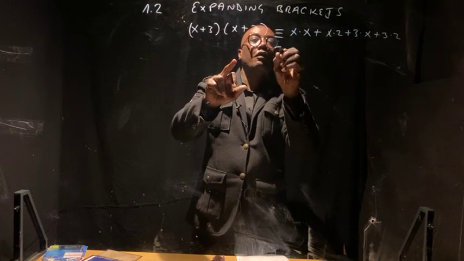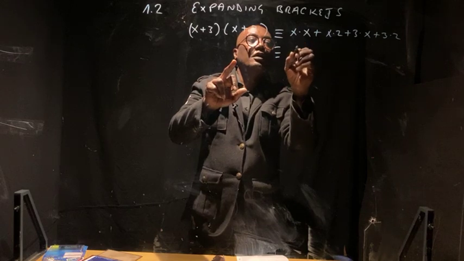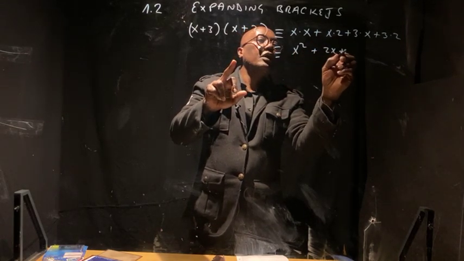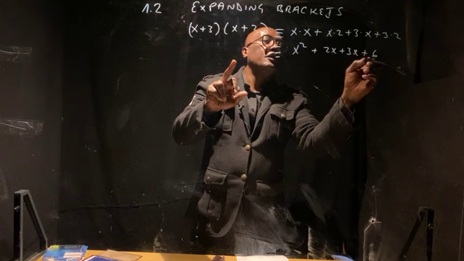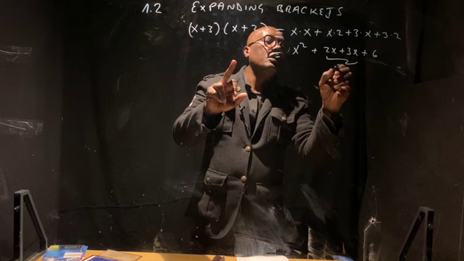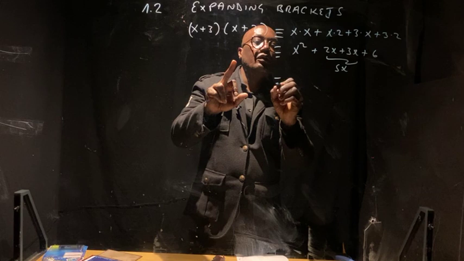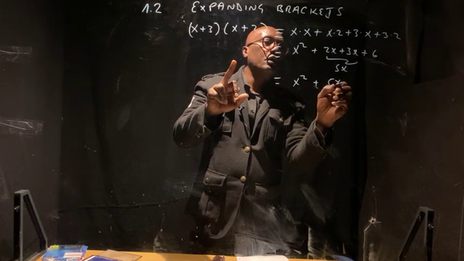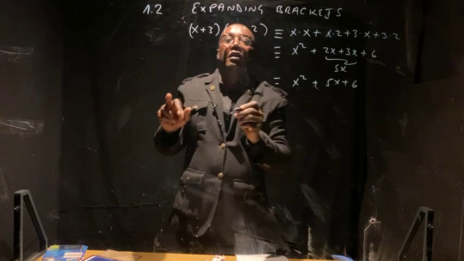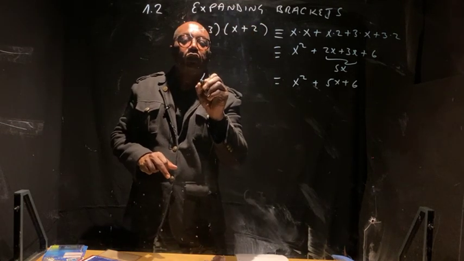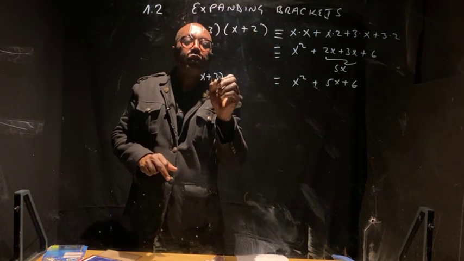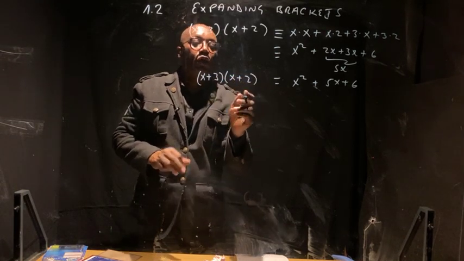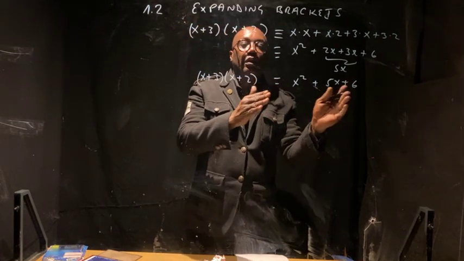So you have x squared plus 2x plus 3x plus 6. This and this is equal to 5x, which gives x squared plus 5x plus 6. This means the expression x plus 3 multiplied by x plus 2, we have expanded the bracket.